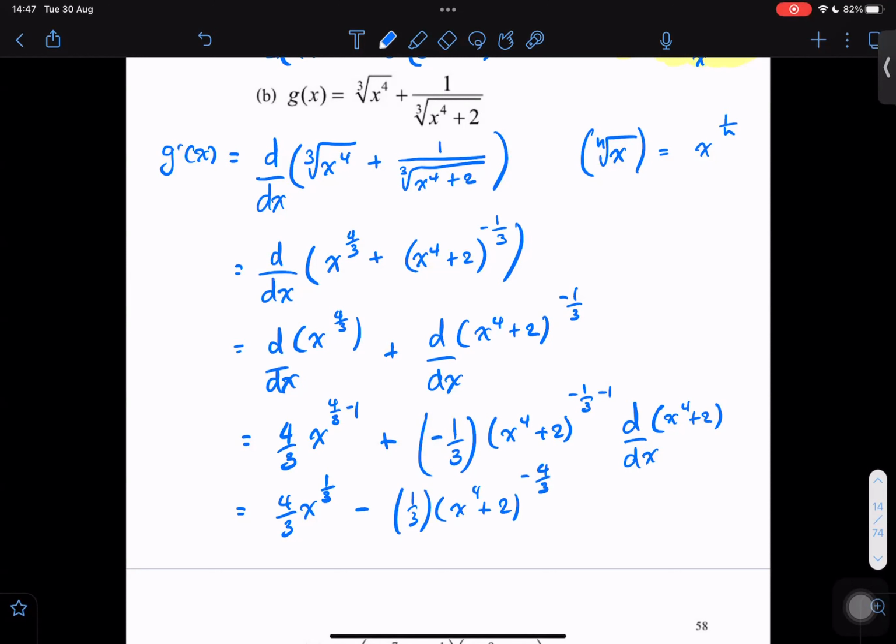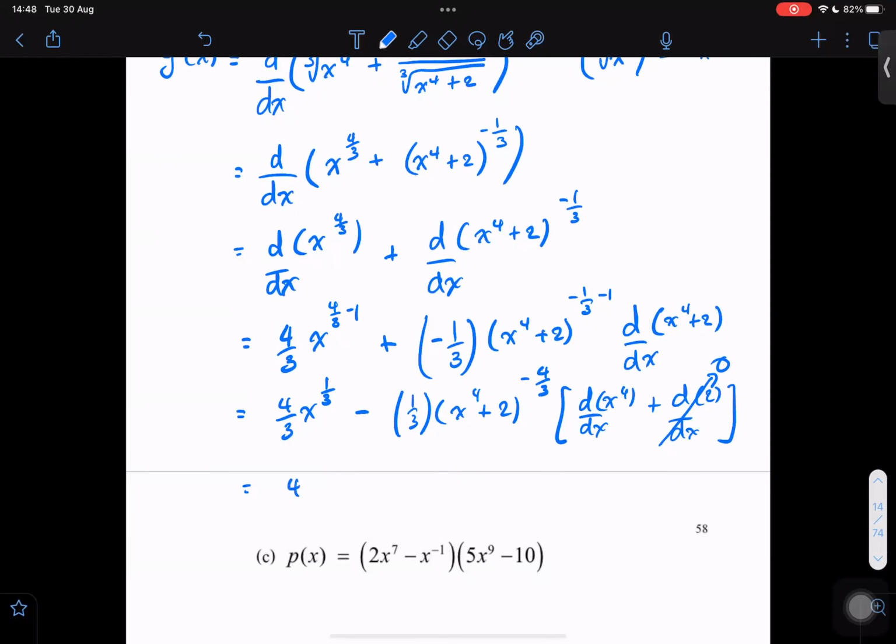And then this thing you can separate to d of x over 4 dx plus d of 2 dx. This thing equals 0, right?